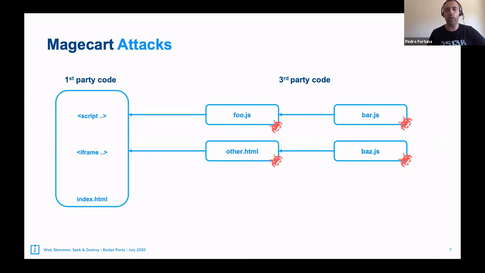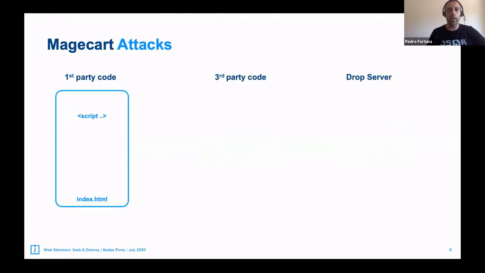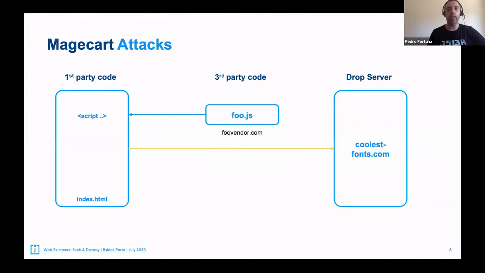If any of these are compromised, usually it means that the whole website is running injected arbitrary JavaScript. Once it collects the data that it wants, it usually sends the data out, usually through XHR, to a drop server running in some domain, in this case, coolestfonts.com, and the attacker is able to collect a large number of credit card data using this scheme.